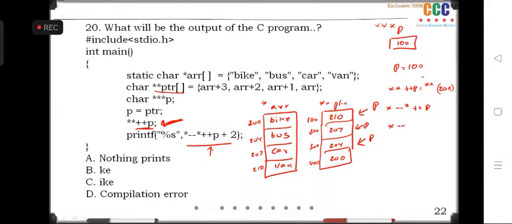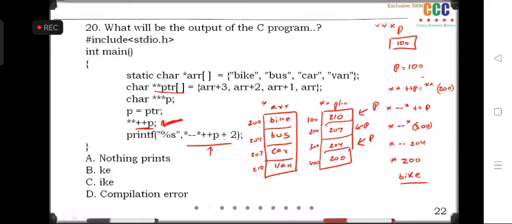So it is star minus minus star 300, value at 300, right? Value at 300 is what? It is 204. So it is nothing but minus minus 204. 204 minus minus is what? It is 200. So value at 200 is what? It is pi.